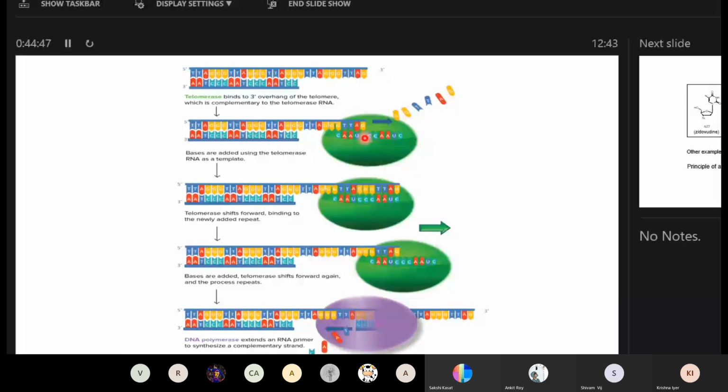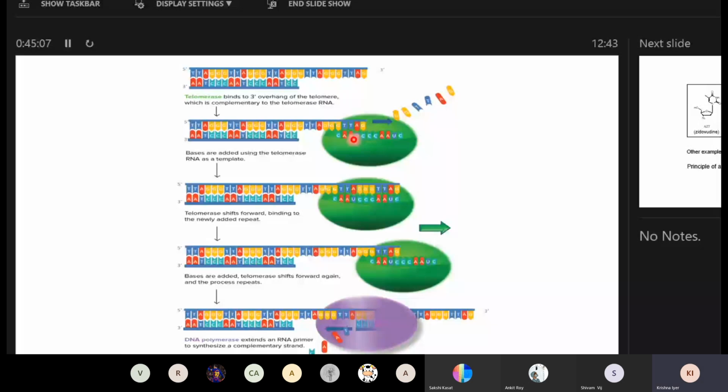So what it does is it binds to this end, and because of this complementarity, see what happens with the way this RNA associates with this end. There is a C, A, U, C, C, and so on and so forth. So there is a similarity. So they now form an RNA-DNA hybrid. Okay.